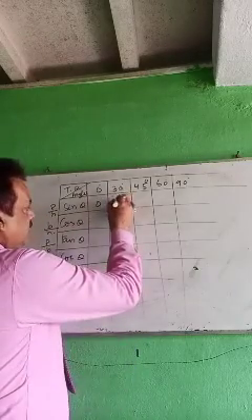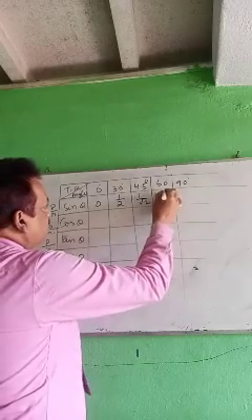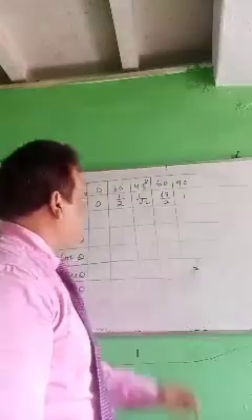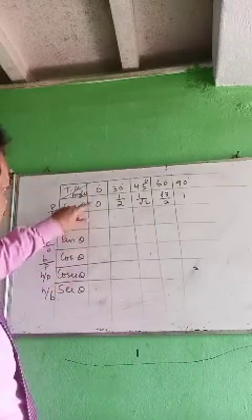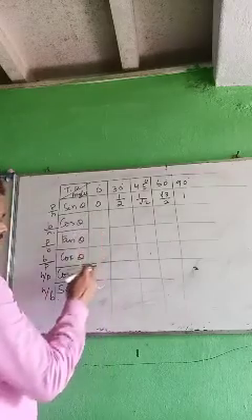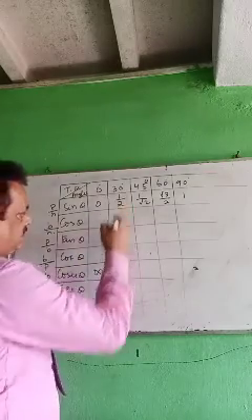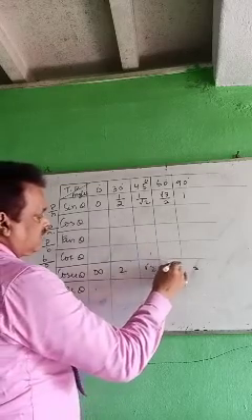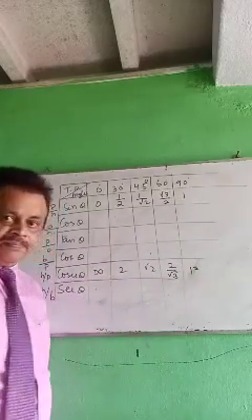Sine 30 is 1 by 2, then 1 by root 2, root 3 by 2, sine 90 is 1. When you find cosec, look here, cosec is the reverse, 1 by 0, which means infinity, not defined. The reverse of this is 2, then root 2, then 2 by root 3, and the reciprocal of 1 is 1.